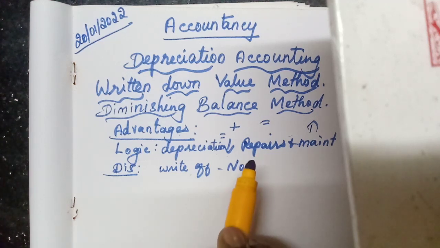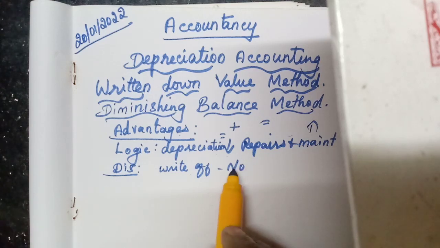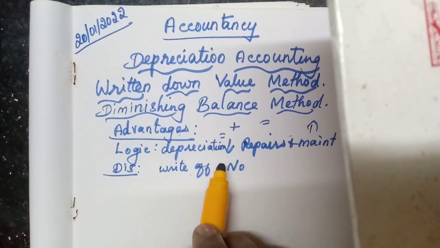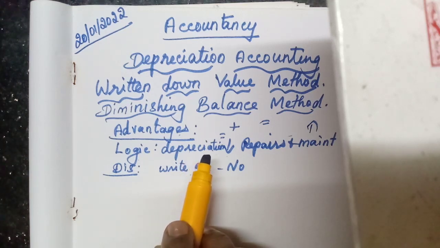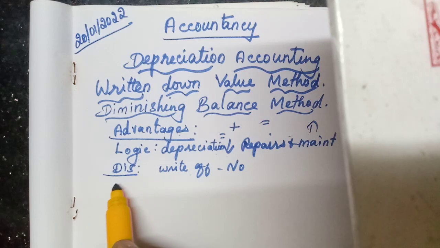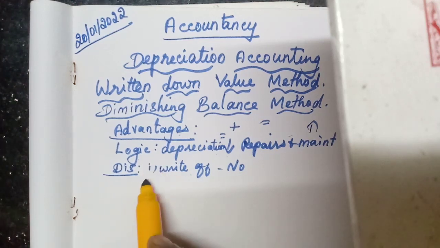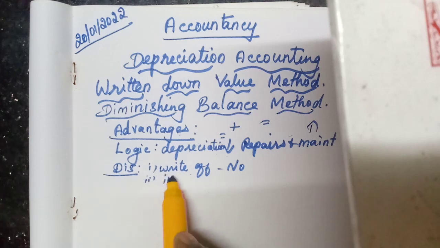At the end of the lifetime of the asset, the value of the asset will become zero, but that will not happen in this written down value method. Okay, then another one, they will not consider the interest.